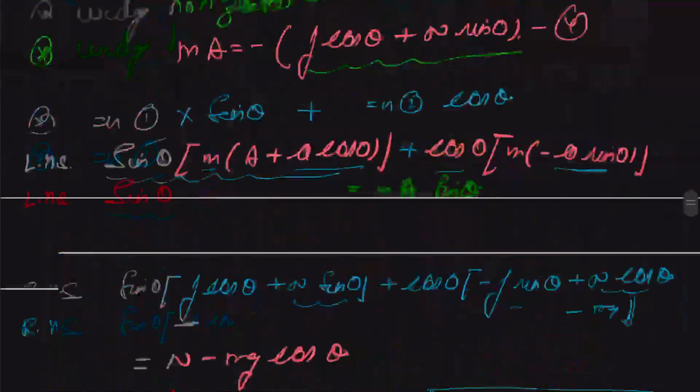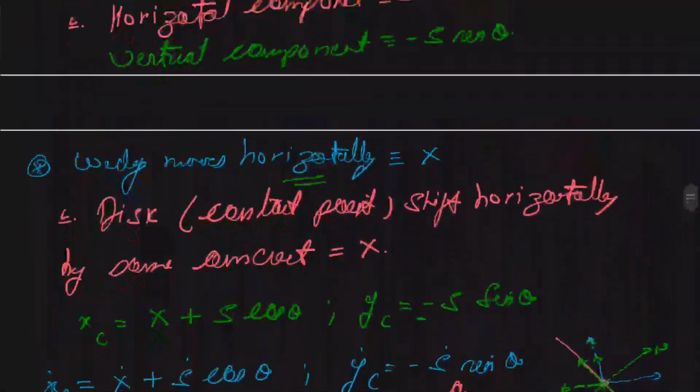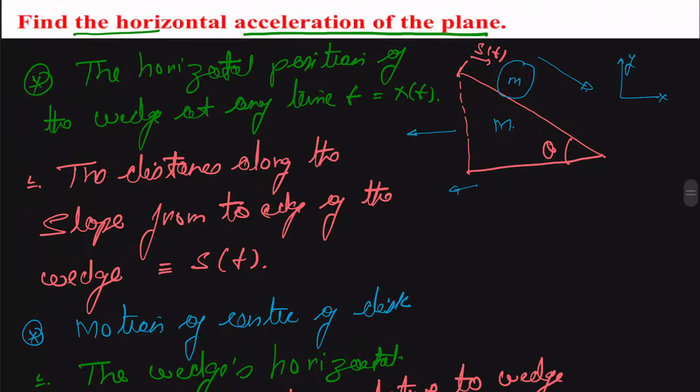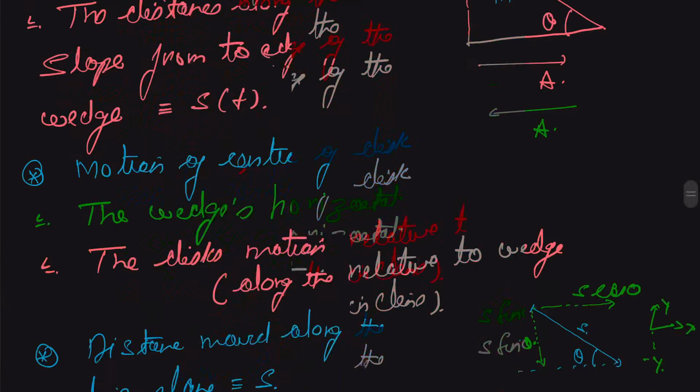It means every calculation has been done assuming this acceleration is towards our positive direction. But it comes out negative, so the actual direction in which the wedge is going to move will be towards our left side. That's the only significance of this sign.